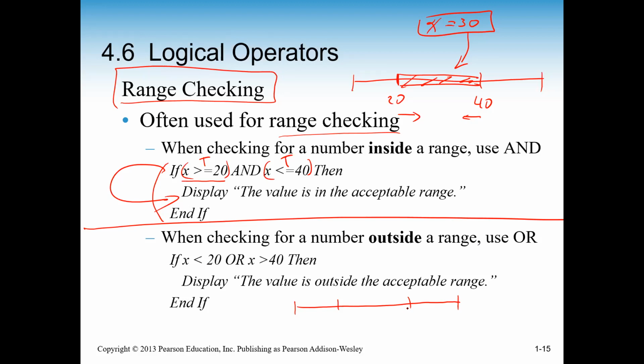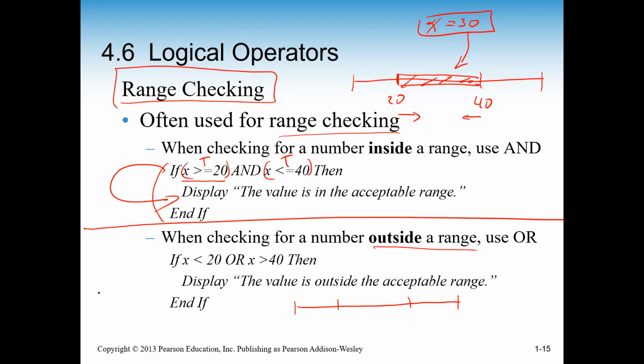What I like to do, and some people do, is I just write it. I'm going to write the if statement like this and then test it. What do I get? Then I see, oh, I wrote this the opposite way, and I start to tweak it by trying different numbers until I'm happy with what I'm getting, right? So these rules are not about memorizing, but about working it out and figuring it out. So when checking for a number outside of a range, use or, all right?